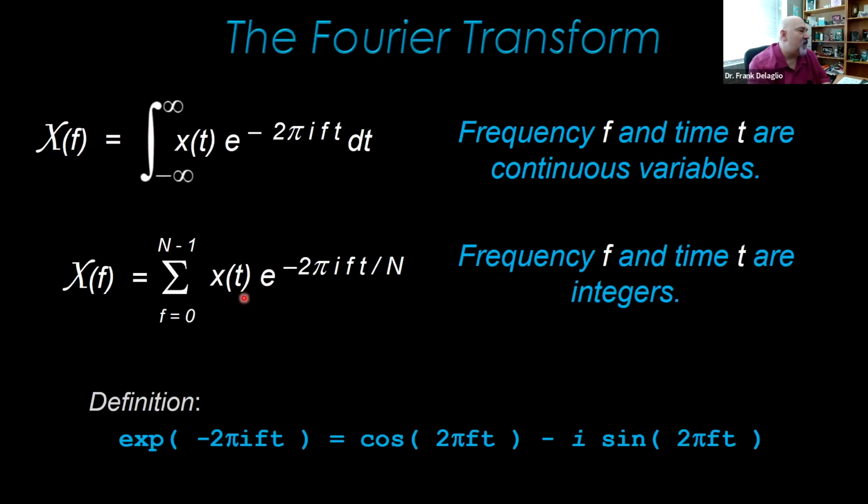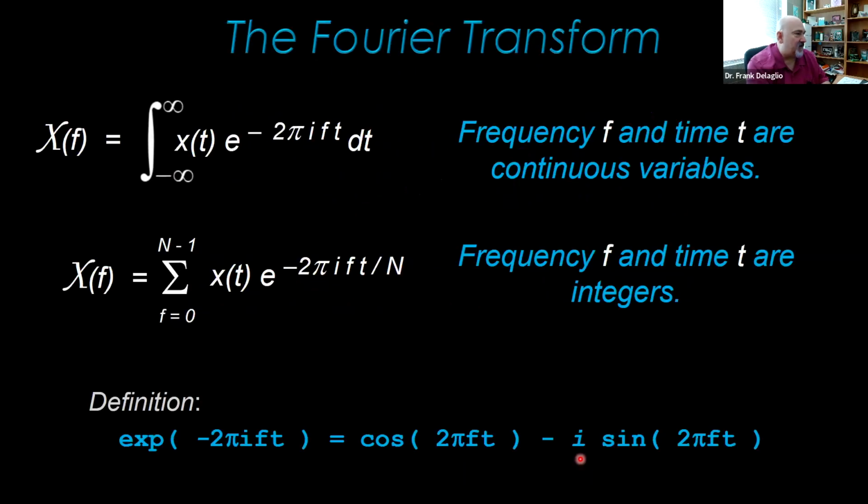To do that, we multiply our time domain data by a Fourier term and add up all the points in that product, and that gives us one point in the corresponding spectrum. These Fourier terms are complex exponentials that boil down to a real part that's a cosine term and an imaginary part that's a negative sine term.